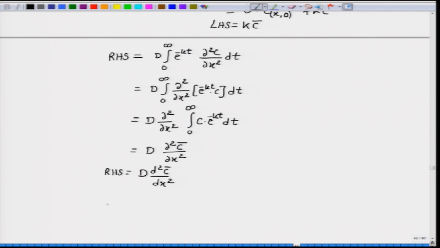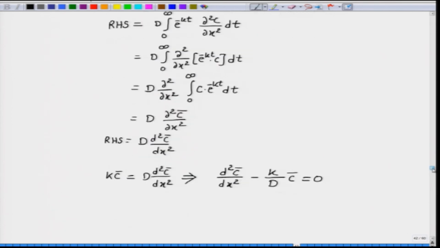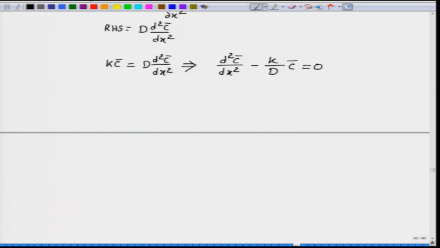And so, if we substitute for LHS and RHS, k c bar equal to D d2 c bar by dx2, or if we rearrange, d2 c bar by dx2 minus, if we take D on this side, k by D c bar equal to 0. This is interesting, right. So, we had a partial differential equation in x and t, and Laplace transform has helped us to transform it to an ordinary differential equation in x, right.